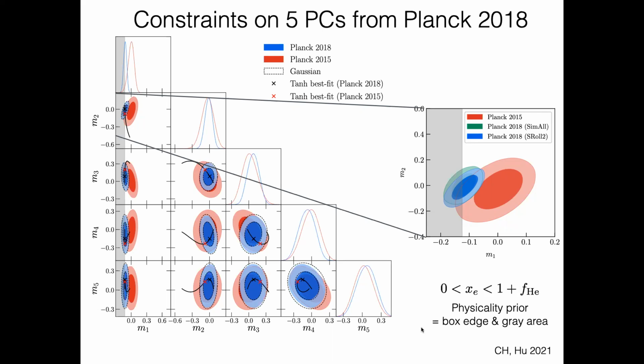So this prior is just projecting 0 and 1 onto the principal components. What that does for you is that everything outside the box is going to be unphysical. Okay, this is something you were asking about.